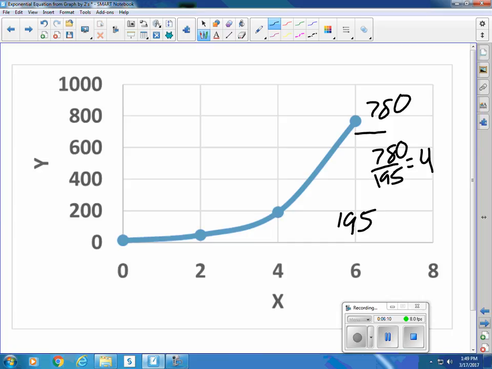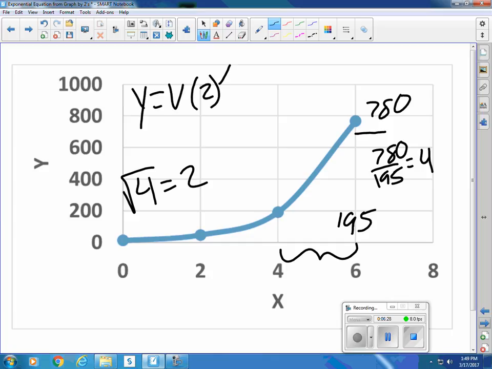And that's 2 steps. And so if it's 4 times as big, then it was multiplied by something twice when that something is 2. So I know some starting value times 2 raised to the x, multiplied by 2 twice to get 4 times bigger.